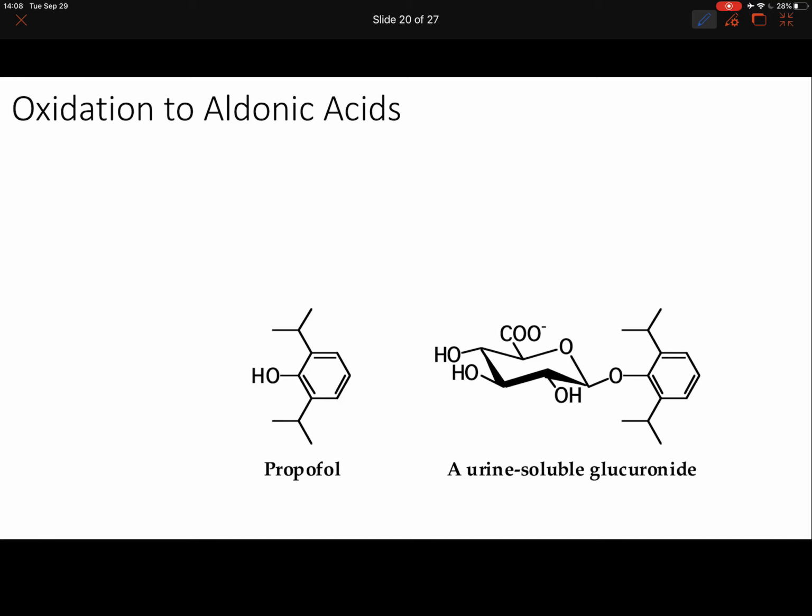Well, this guy is the example. This is propofol. This gets converted into this glucuronide. I guess that'd be the word. The glucoside of glucuronic acid, essentially.